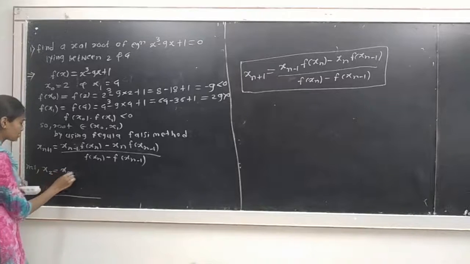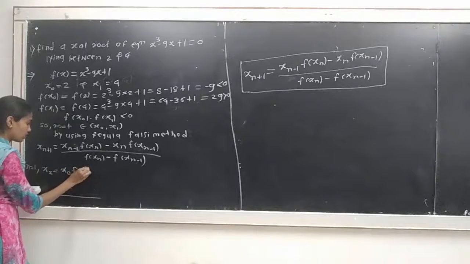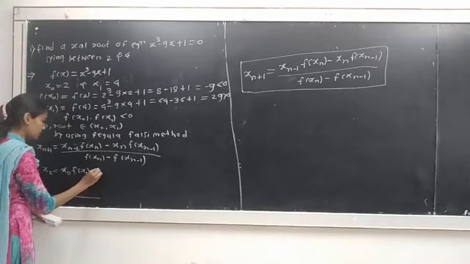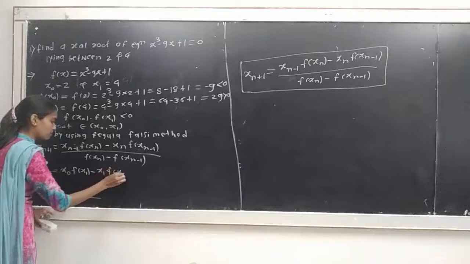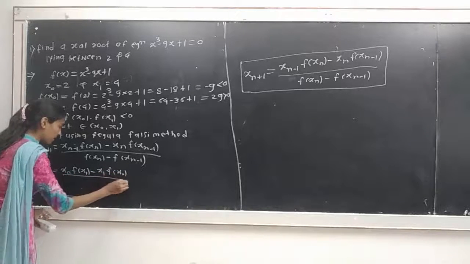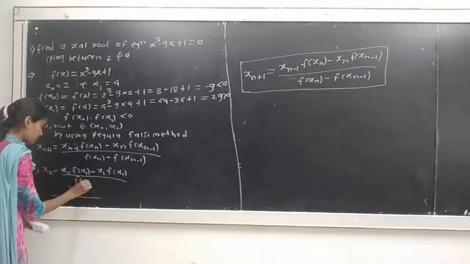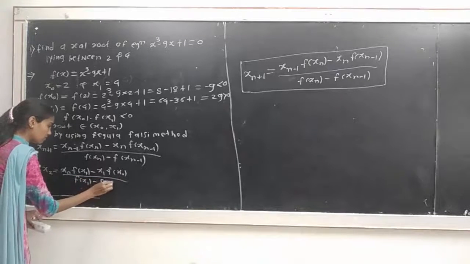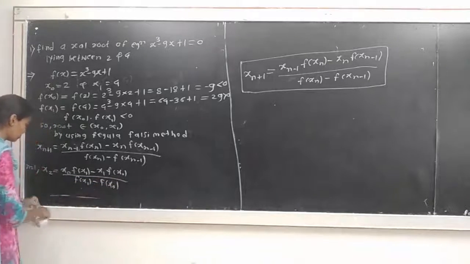x2 is equal to x0 f of x1 minus x1 f of x0 divided by f of x1 minus f of x0.